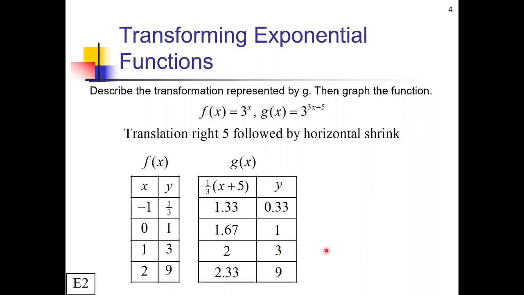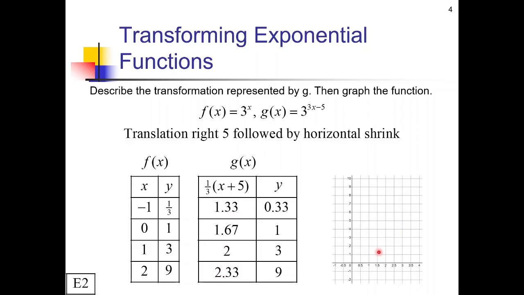All right, so graphing all this out, my x values are kind of small relative to how they usually are. It's very compact here, so I'm going to make my grid lines go by 0.5s just to be able to fit this a little bit better. So I've got 1.33, which is roughly here, comma 0.33, so about here. And then 1.67, comma 1.